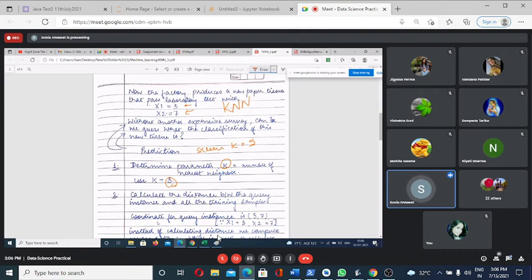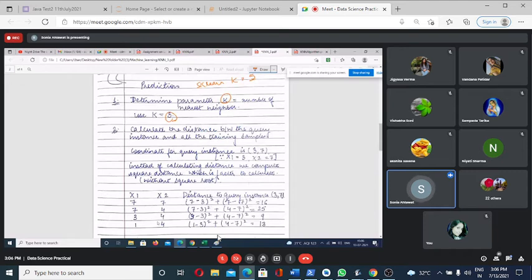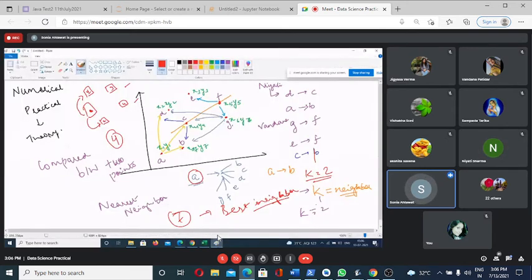After this, it says calculate the distance between the query instance and all the training samples. So training instance, query instances 3 and 7. Training values are this. Now what we have to go for? We have to calculate the distance. So class, to calculate distance, we have Euclidean distance. There is one Hamming distance also.